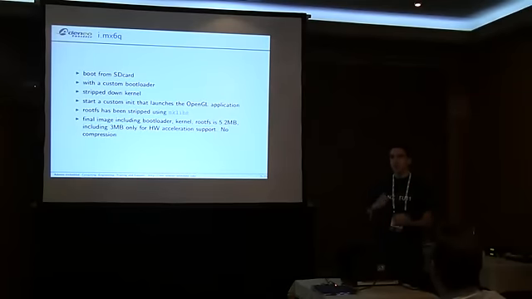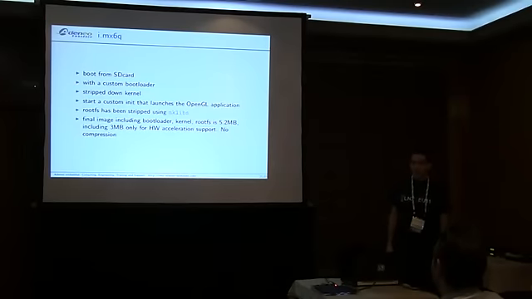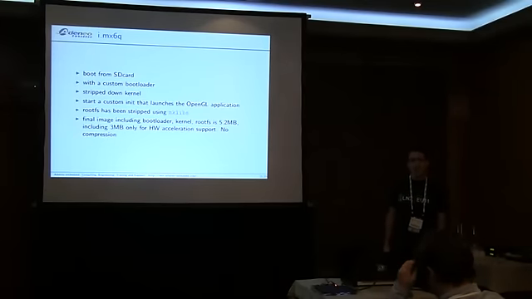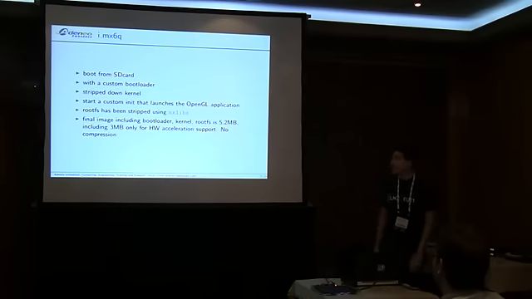Like I said, we didn't change the binary. We stripped the rootfs using nkbit, and our final image takes something like 5 megabytes: 3 megabytes for hardware acceleration and the application itself, about 1.5 megabytes for the glibc, and everything else is the kernel.